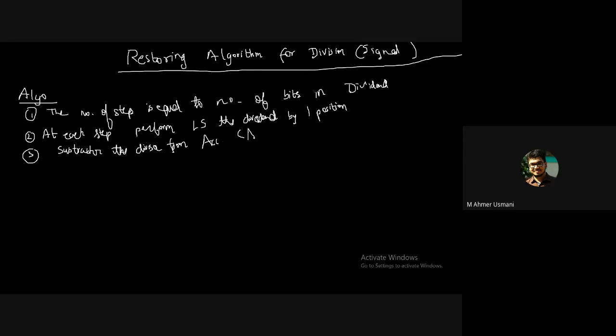So basically, at every step you perform A minus N. Why? If you remember, if I have to divide 64 by 4, what we do is we perform the subtraction of the divisor. So 6 minus 4, we get 2. Is this clear? So this is what we do. Subtract the divisor from the accumulator.